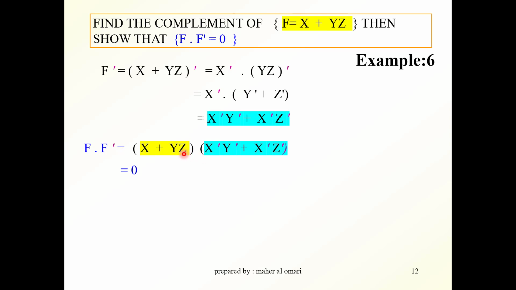Then we take this part and AND it with this one. Here we have Z, and here we have Z bar. So the result is 0. So the final result is equal to 0. Now, F ANDed with the complement of F is equal to 0. This is general for whatever F is.